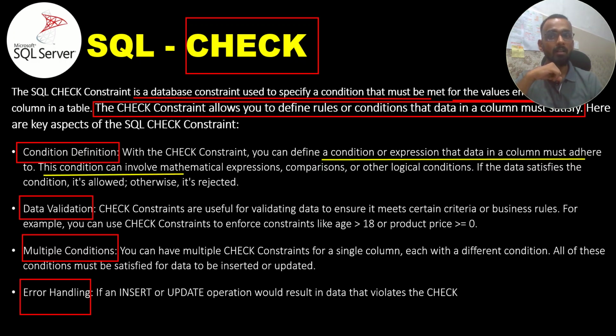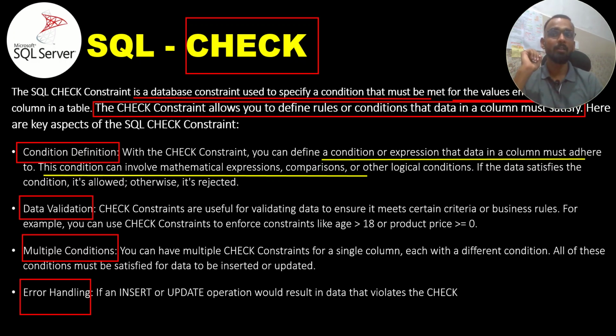This condition can involve mathematical expressions and comparisons, whatever kind of condition you want to apply. It could be mathematical or logical, comparison like greater than or equal to, or mathematical operations like adding, dividing, modulus. So condition definition states this particular thing.